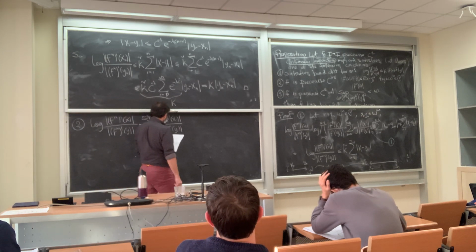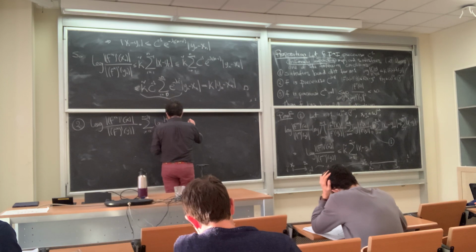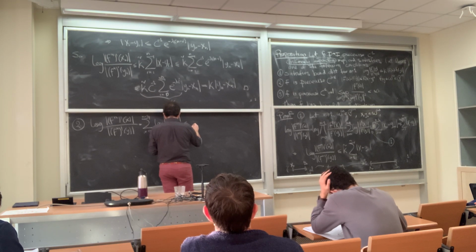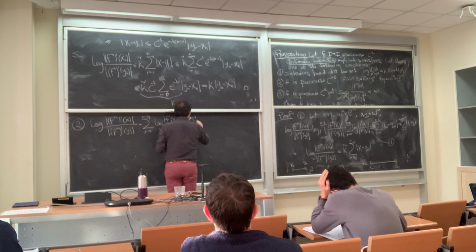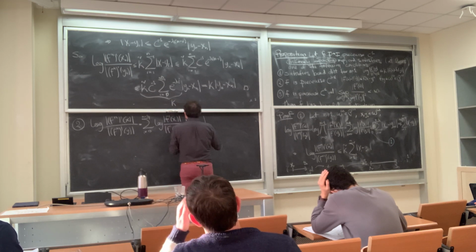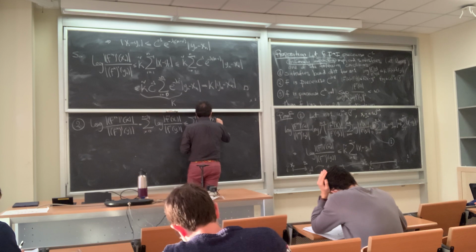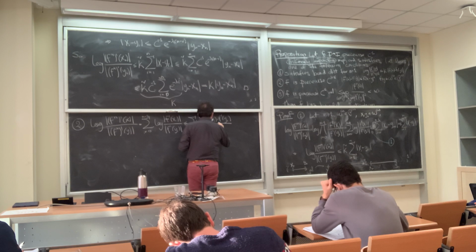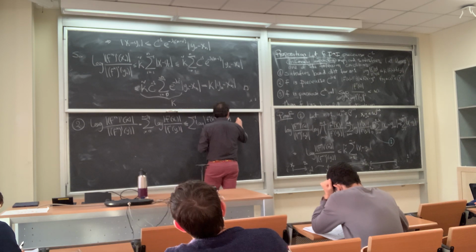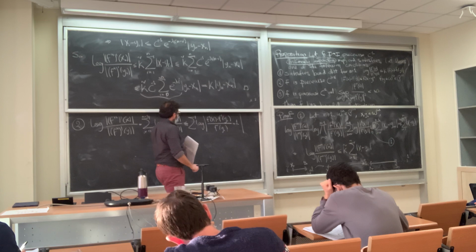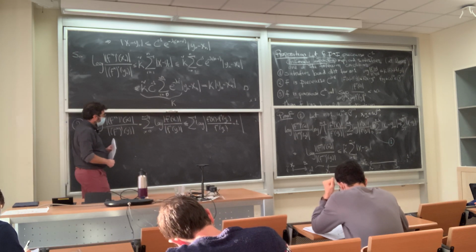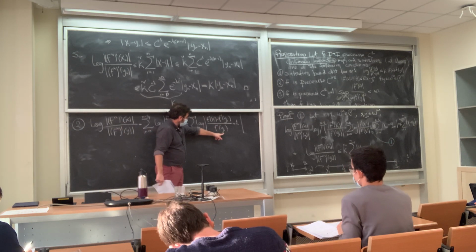First of all, we can write this as less than or equal, maybe equal, to the sum of the logs of f prime of xi minus f prime of yi over f prime of yi plus 1. So all I've done is just add and subtract f prime of yi over f prime of yi.